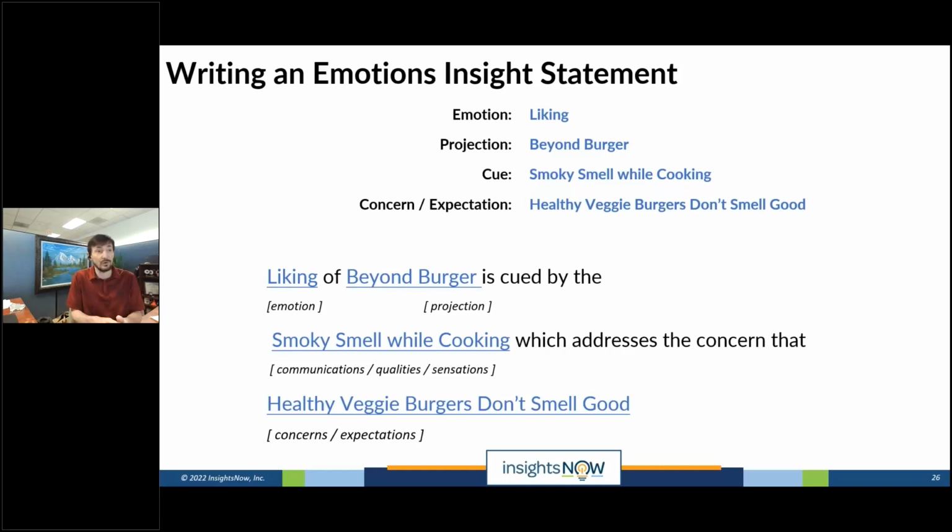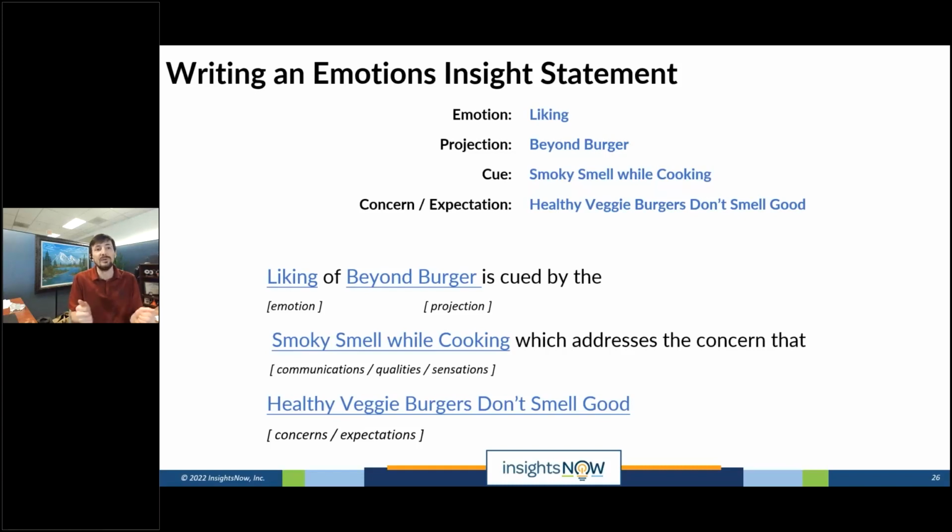We're not using the word great as the emotion, like smells great. We're connecting it into what the emotion is in a standard way through our emotions insights wheel, and we're connecting the dots between the cue and what concern a person has in life, what that really is addressing.